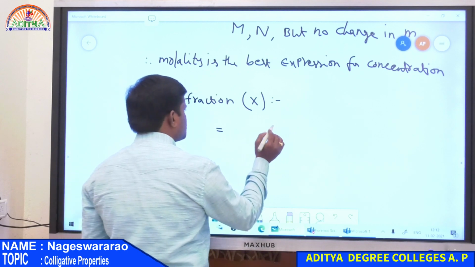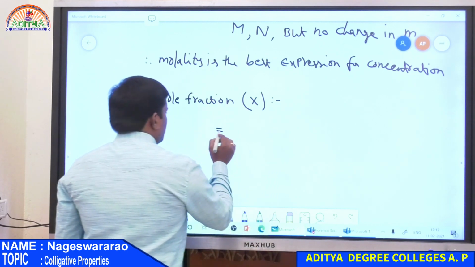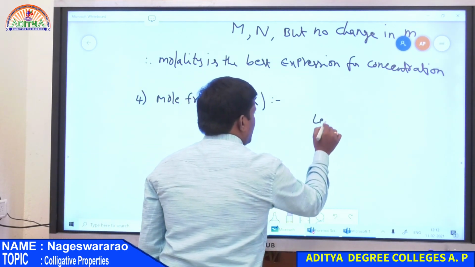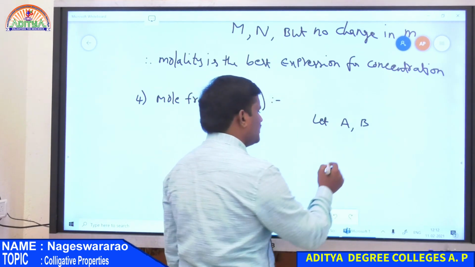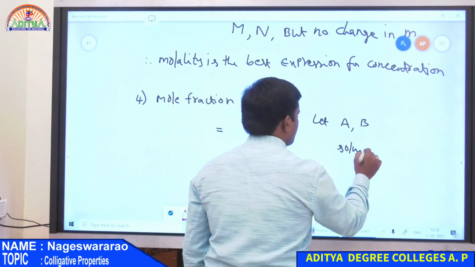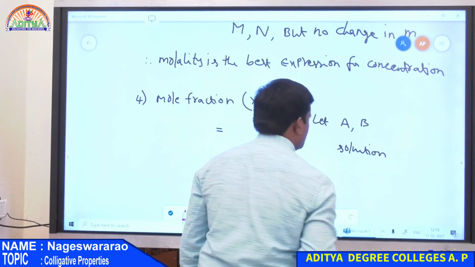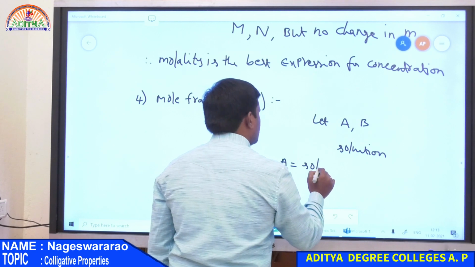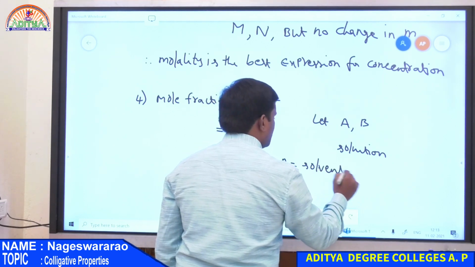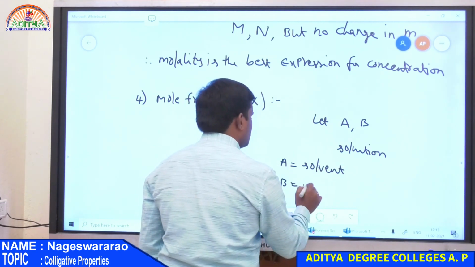Therefore, suppose A and B are the two components present in a solution, where A is nothing but the solvent and B is nothing but the solute.